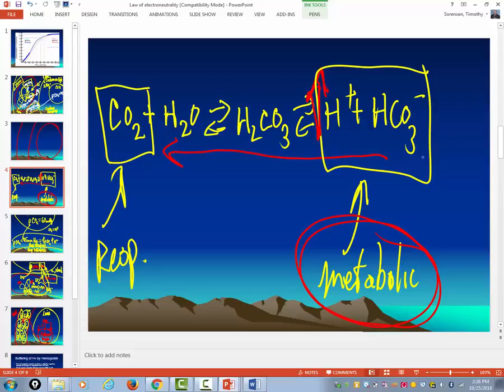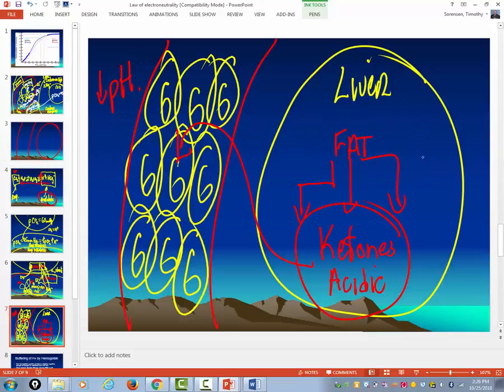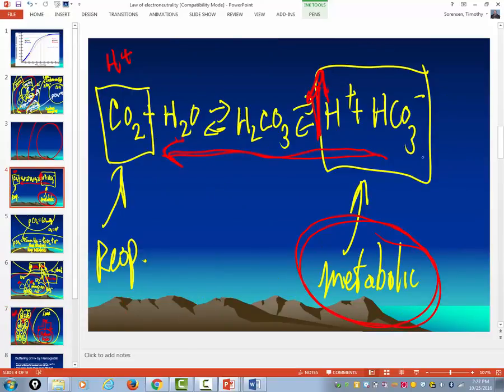So if we remember that CO2 is an acid, it's going to force the equation this way. So if you're making more hydrogen ions at the level of the cells of your body, in an attempt to maintain the pH, you're going to have to get rid of more hydrogen ions in the lungs. So you will have to get rid of more CO2.